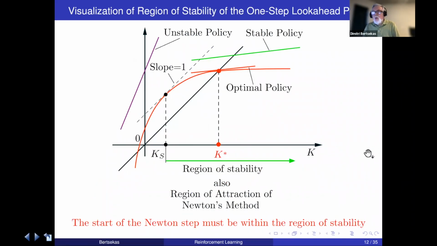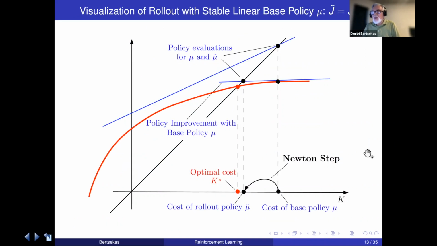When it comes to rollout, you need to pick a stable base policy, and that's the key concern. As long as it's stable, then at least you're going to get closer to the optimal solution, and substantially closer, because the Newton step is pretty effective on this side.